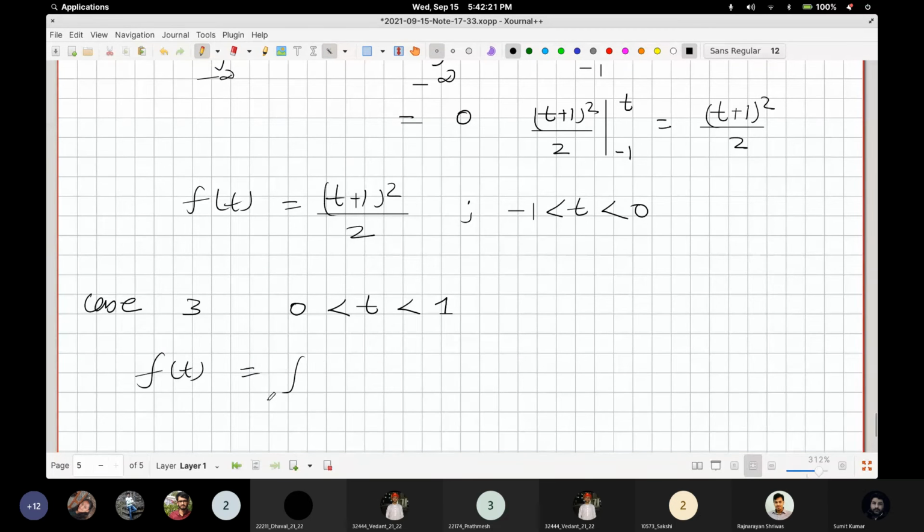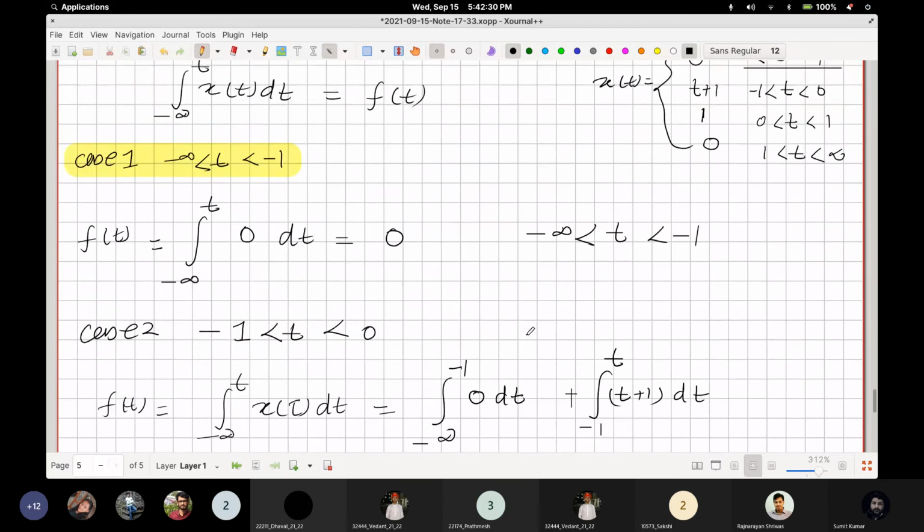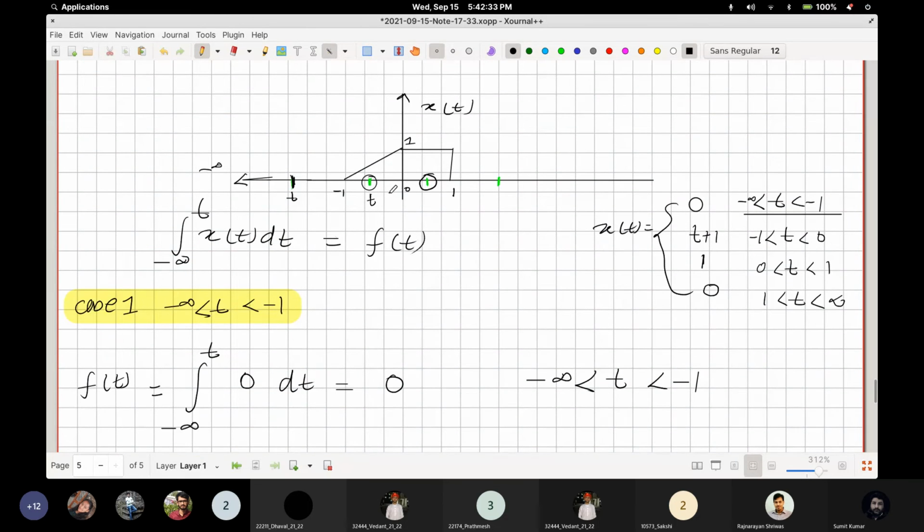So f of t is again minus infinity to t of x(t) dt, and you see that t is here. So from minus infinity to t, what are the values of x(t)? From minus infinity to -1 it is 0, from -1 to 0 it is t plus 1, and then from 0 to t the value is 1, right?